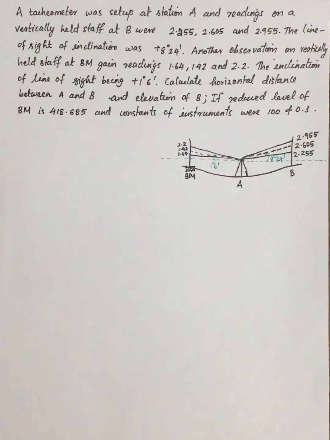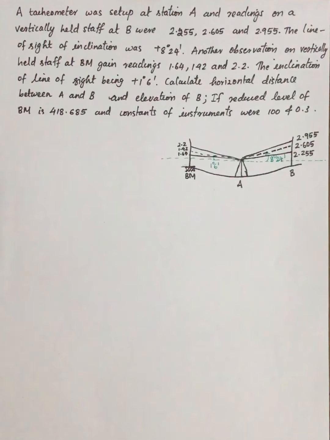A tachometer was set up at station A and readings on a vertically held staff at B were 2.255, 2.605 and 2.955. The line of sight inclination was plus 8 degrees 24 minutes.